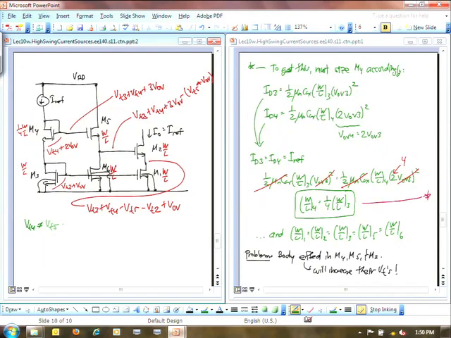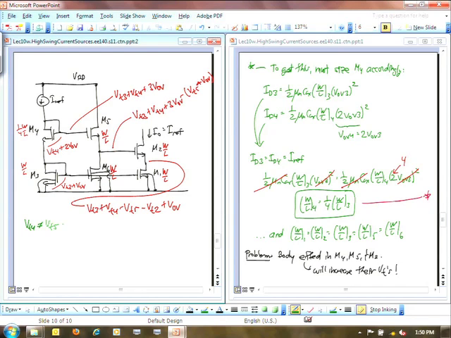So it's got a larger bulk to source voltage, which means that the threshold voltage of 5 is greater than the threshold voltage of 4. If the threshold voltage of 5 is greater than 4, you notice that I have a VT4 minus VT5 right here. That means this thing right here is negative, so that's subtracting from this whole thing. And if this other part, VT3 minus VT2, were 0, then this voltage would be less than an overdrive voltage, and M1 would not be saturated.